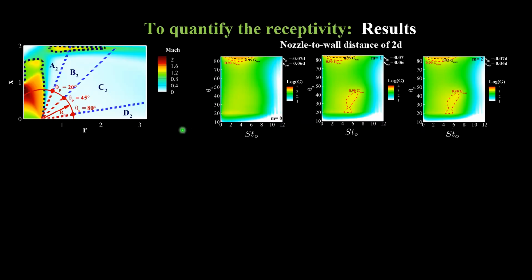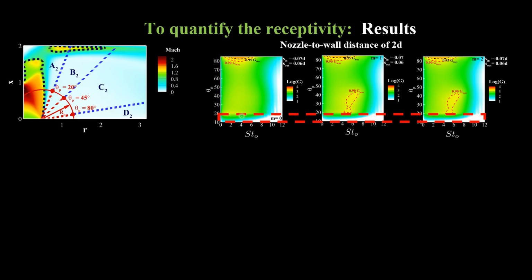The contour plot of Mach number is presented on this figure. Transfer function for azimuthal mode number 0, mode number 1, and mode number 2. To facilitate discussion, we define different regions based on the behavior observed in the transfer function. Region A2 is defined between theta 10 and 20.